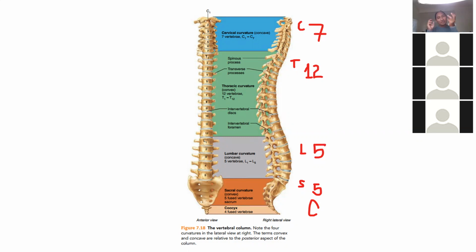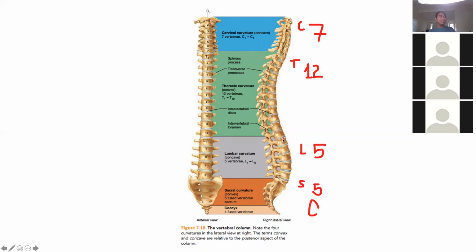If you move a lot, the heart and lungs inside our thoracic cavity are going to move. You don't want that. So their function is to support and protect and give a space for the ribs to come out. Therefore, the thoracic spine's shape and function is different from the cervical spine.